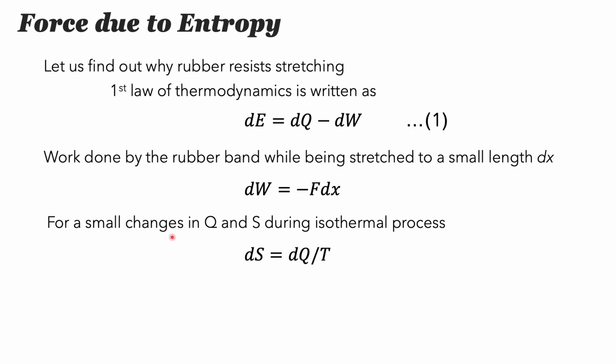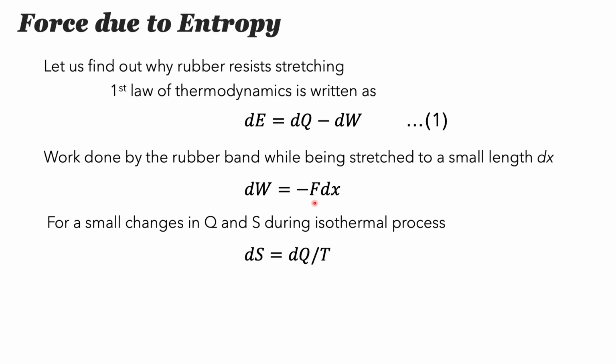For small changes, we consider that no change in temperature has taken place, because the length is very small, and during that the force has a constant value. So for small changes in internal energy, heat energy transfer to and from the system, and entropy during an isothermal process, isothermal meaning the temperature does not change.